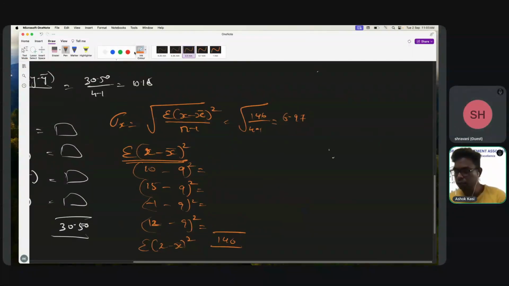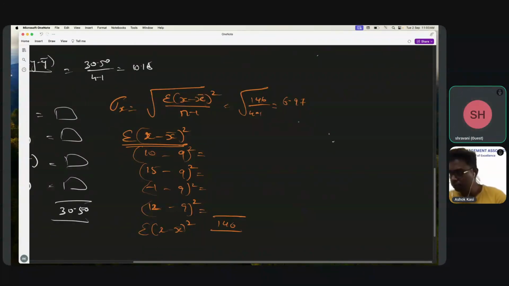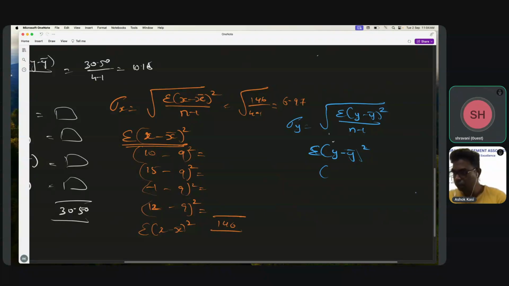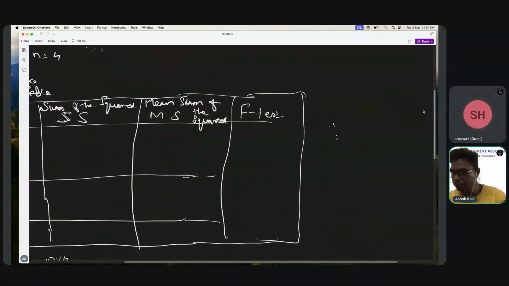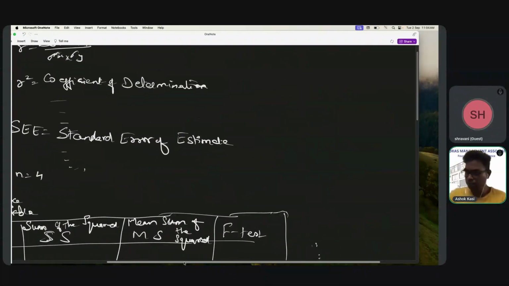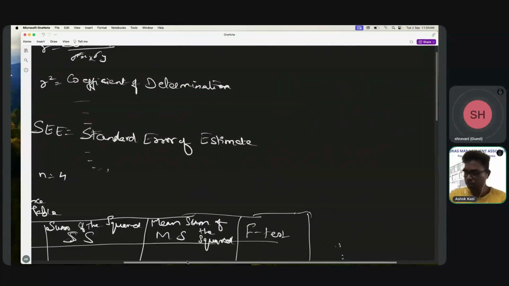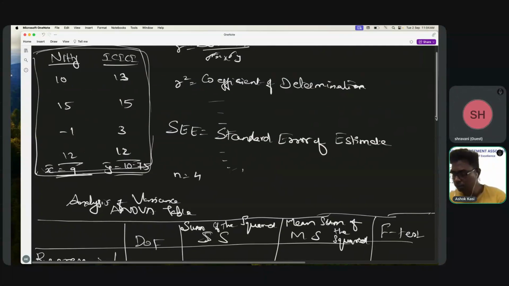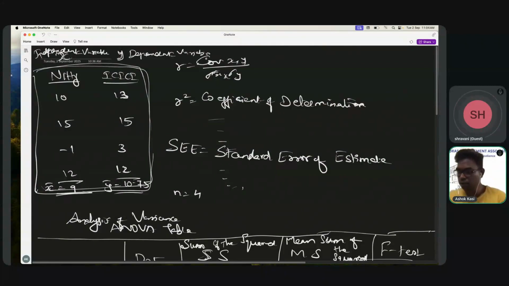Now we'll see standard deviation of y. So summation of y minus y bar the whole square. Y is 13, 15, 3, 12.